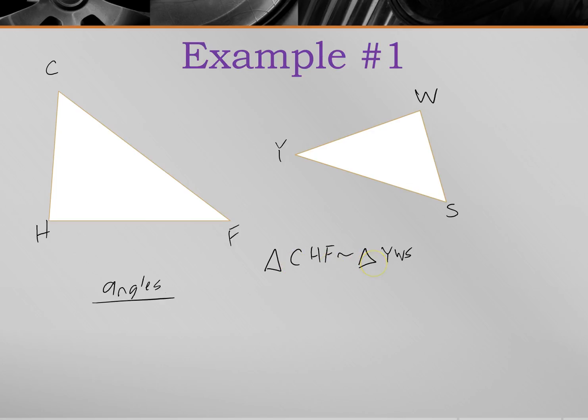First letters should match with first letters, so C and Y are both equal. So angle C is congruent to angle Y. Middle letters, H and W, are the next two. H and W are both congruent. And then finally that leaves our last letters, F and S. They are our last pair of angles.